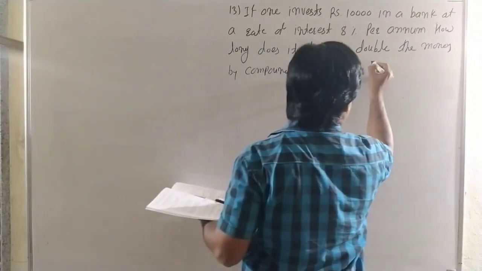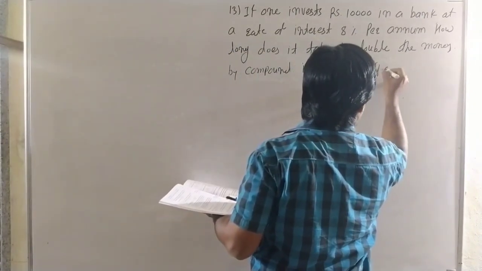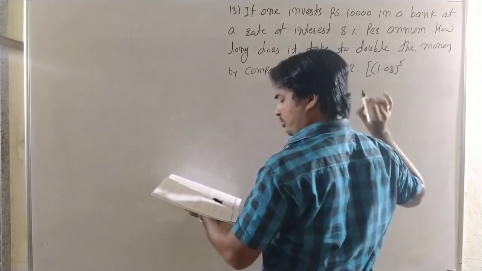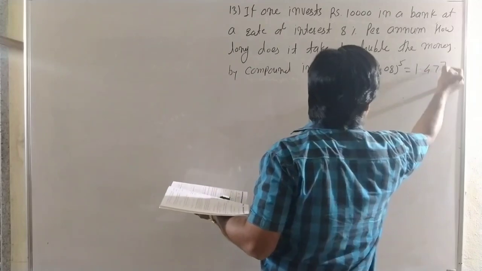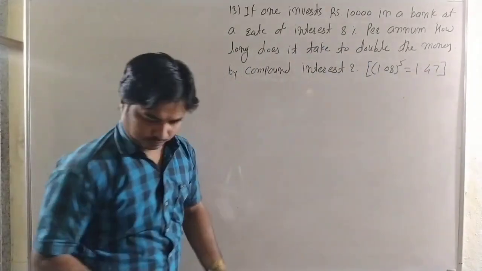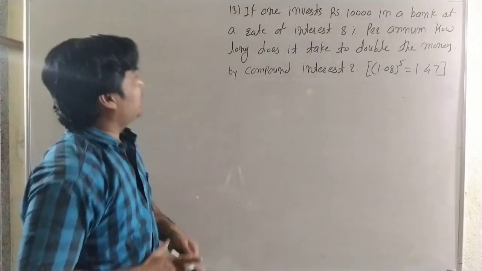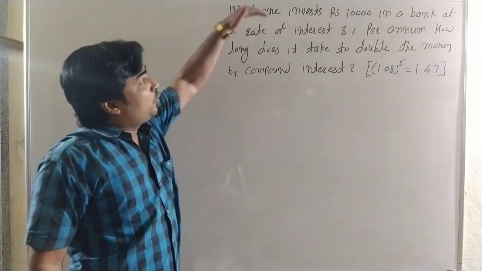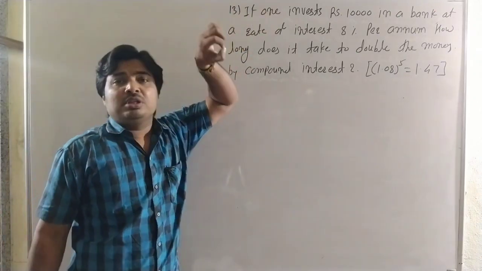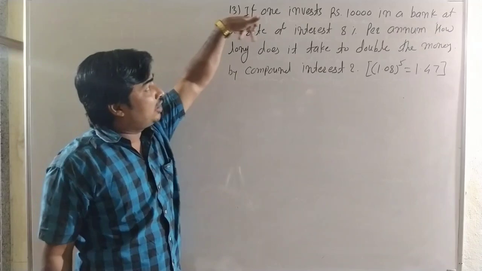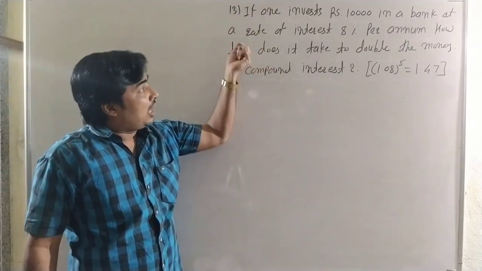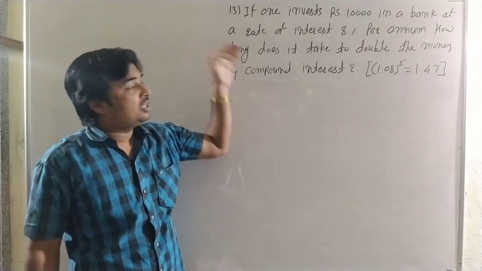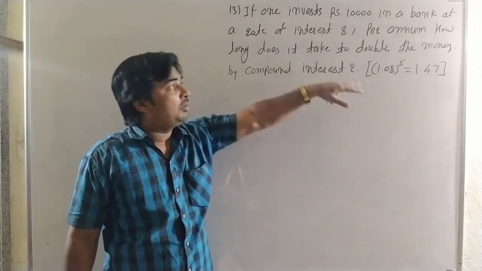Here the given value is 1.08 to the power 5 is equal to 1.47. Now here it is given that one invests 10,000 rupees in a bank at the rate of interest 8%. The question is, how long does it take to double the money?